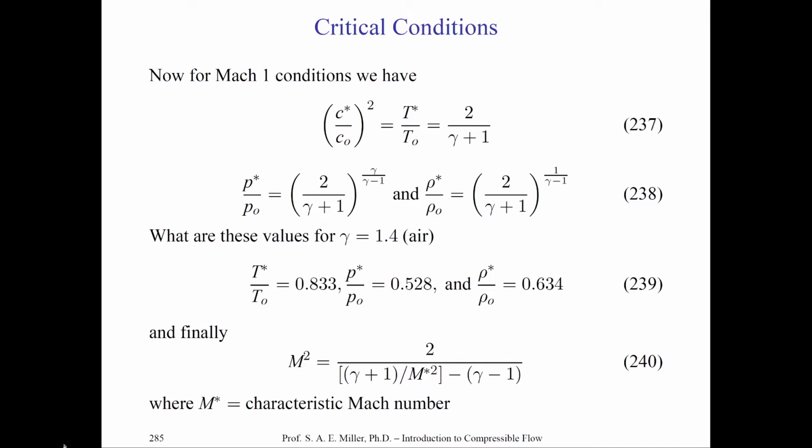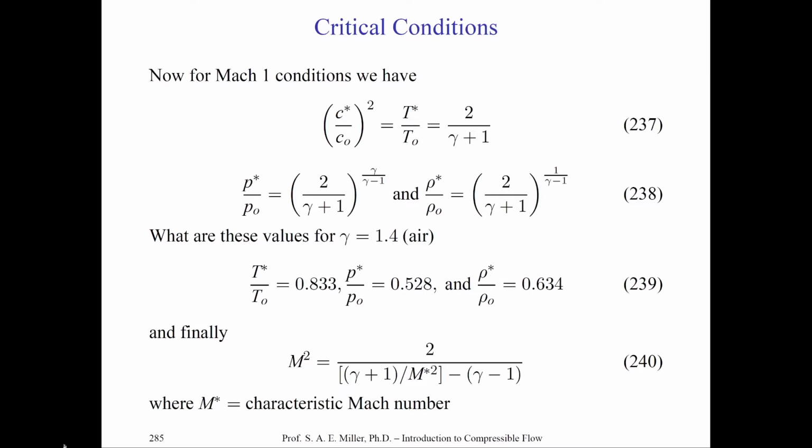You'll note that this also corresponds from our isentropic relations which we previously derived, relating, of course, C with T in terms of speed of sound on the previous page, that we can write C star over C naught squared. That's the speed of sound at some point in the flow, where Mach is 1, divided by C naught, which is the stagnation speed of sound, where the flow is isentropically accelerated or decelerated to 0, squared goes as T star over T naught.